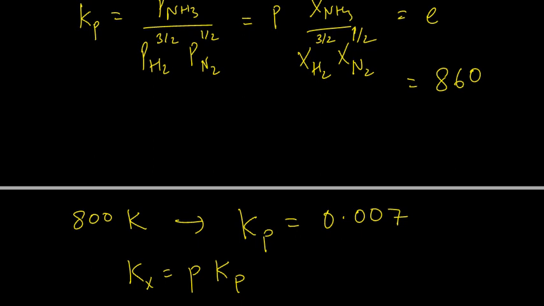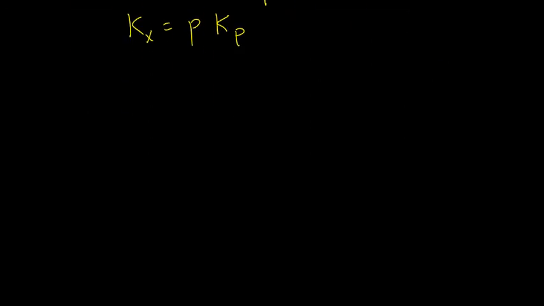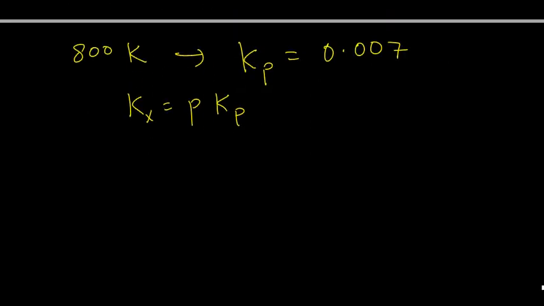But if I increase the pressure, I'll have more moles of ammonia in the reaction mixture. The mole fraction of ammonia will increase. Let's say I increase it to 100 bar. So at 1 bar Kx is the same, at 100 bars Kx equals 0.7, right? Which of course looks more promising.